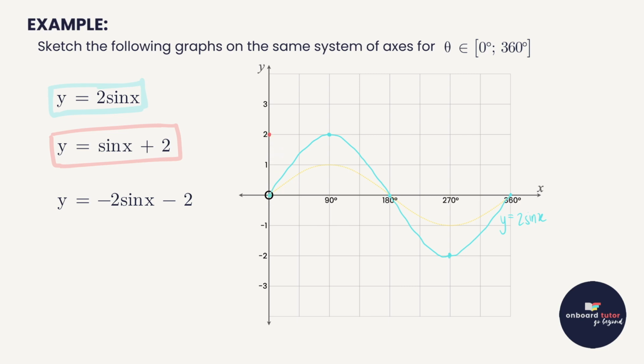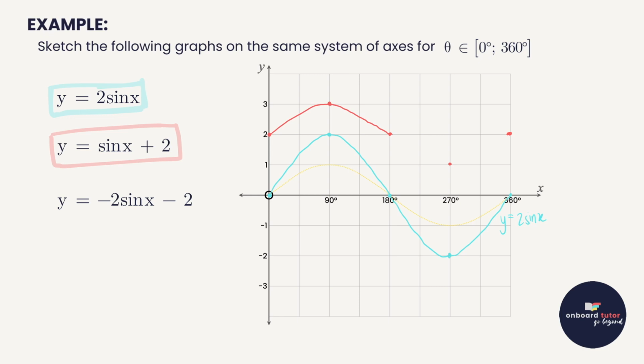Plot my point. Then here at 90 and 1, 1 plus 2 takes me up to 3. I'm going to plot the point. And I'm going to carry on. 0 plus 2, minus 1 plus 2, 0 plus 2. So there I've got all of my points now plotted, and I can draw the new graph.